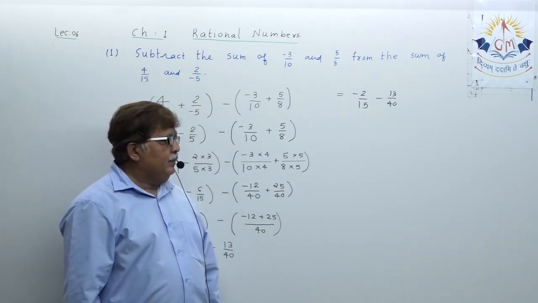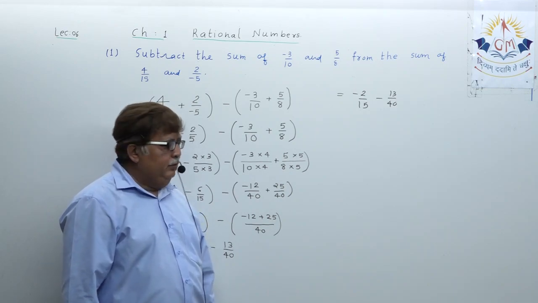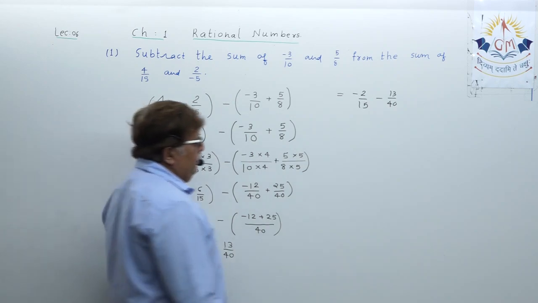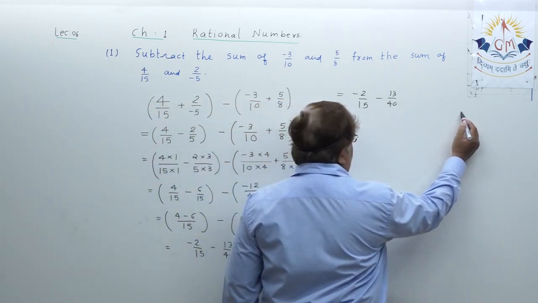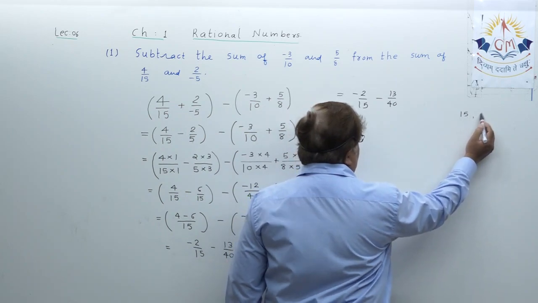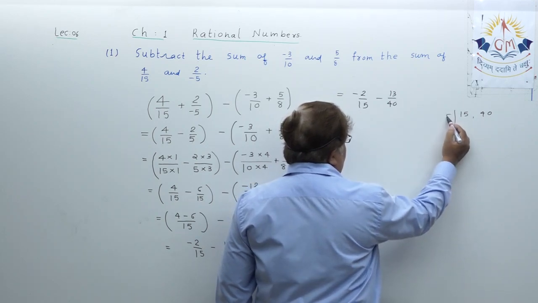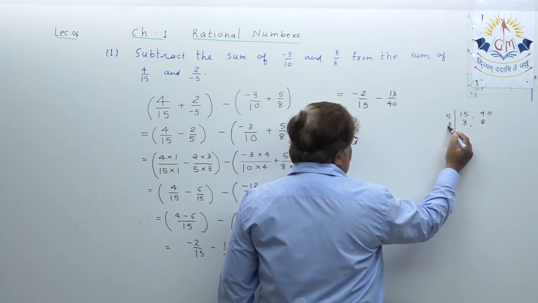Now, again it's a question of taking LCM. LCM of 15 and 40 you have to take. Understand? You can simply do that because you all know how to do it.